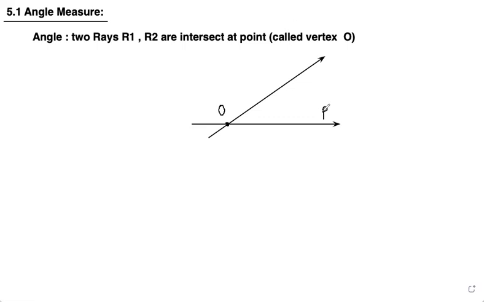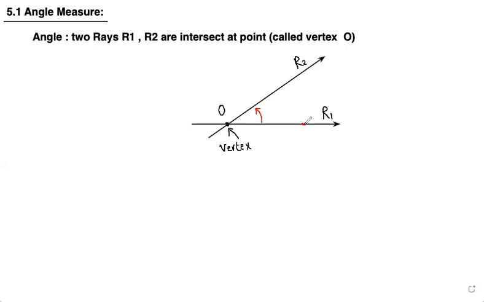This is R1, and this is R2. So I call this point the vertex. R1, R2, and the vertex O. My angle is between R1 and R2. This is my angle.